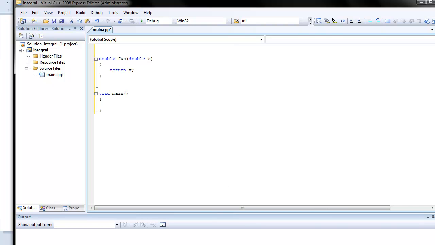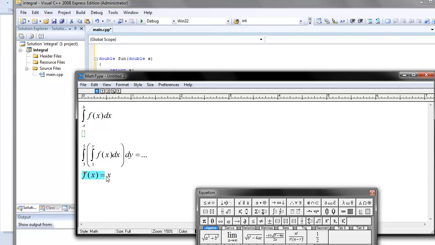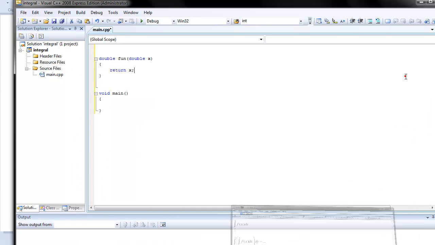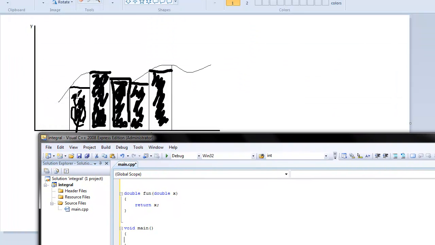So what does it mean? That means f(x) equals x. Now we are going to somehow implement the mechanism of the Riemann sums.